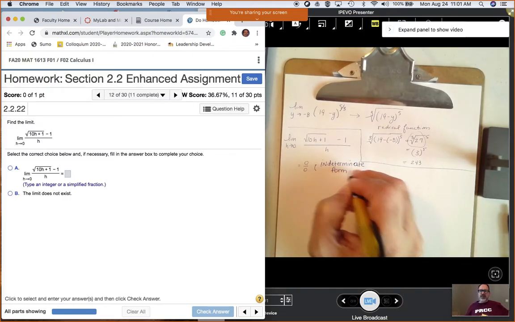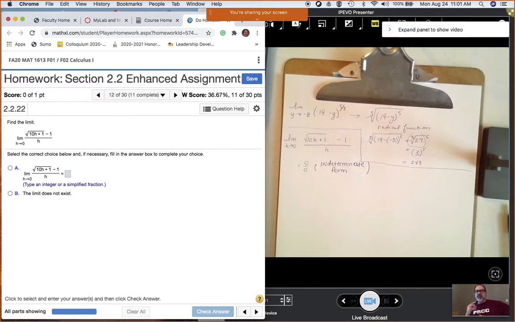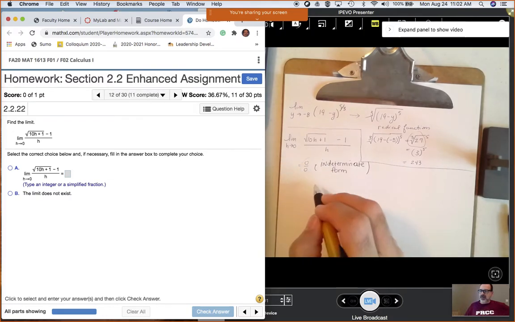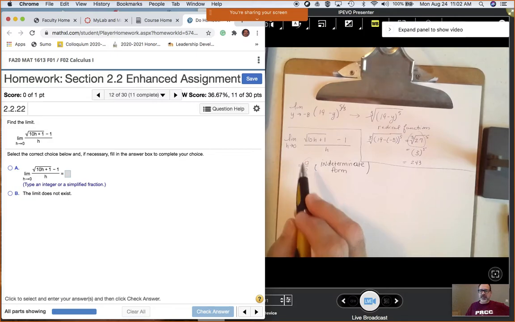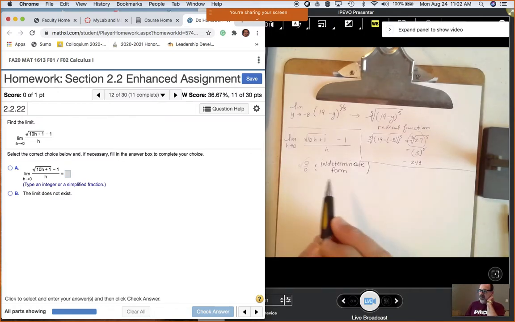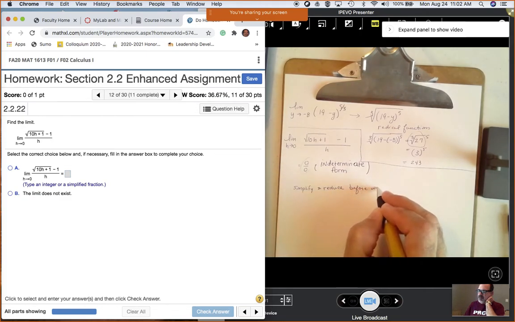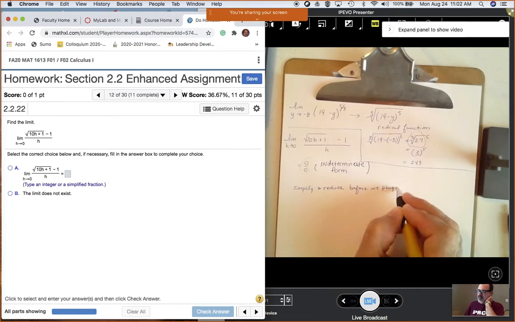When we have an indeterminate form, we have to do something to try to simplify the equation, because we can't get an answer. 0 over 0 doesn't tell me whether the top's bigger and it goes to infinity or whether the bottom's bigger and it goes to 0. So I don't know that. So what we have to do is simplify and reduce before we plug in, and that's the case anytime we have an indeterminate form.